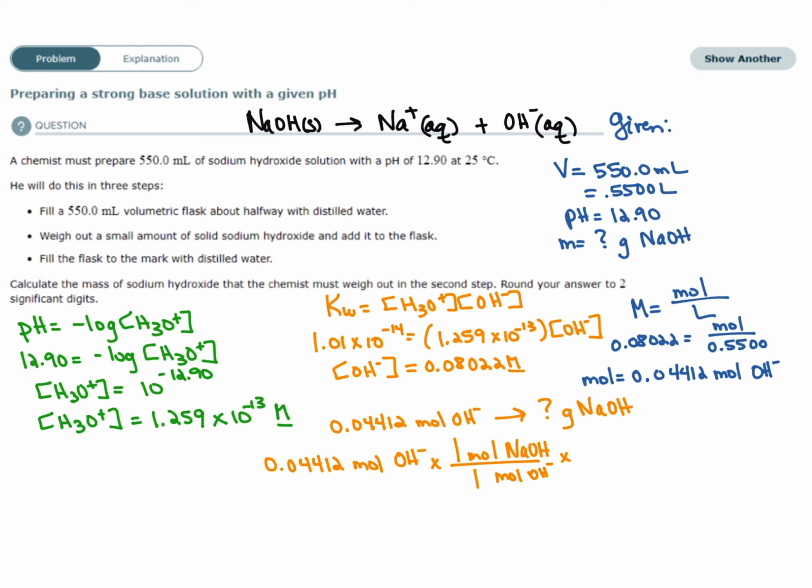Moles of sodium hydroxide in the numerator, so now moles of sodium hydroxide in the denominator. Take a look at the periodic table. 1 mole of sodium hydroxide is equal to 39.9970 grams of sodium hydroxide. They want our final answer in 2 significant figures, so this equals 1.8 grams of sodium hydroxide.